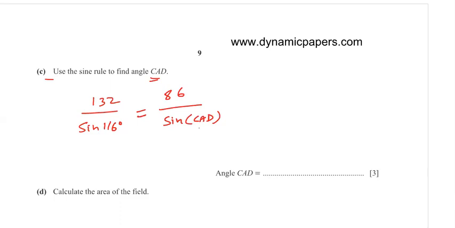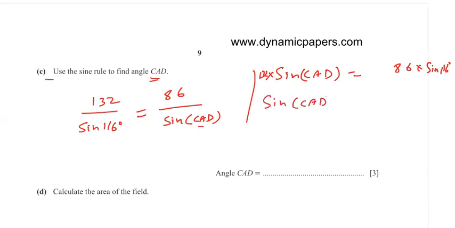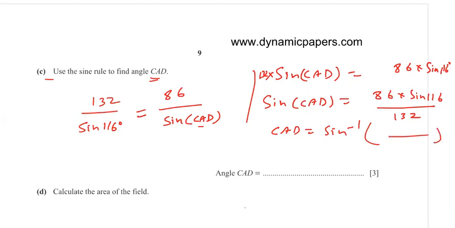Cross multiplying, sine of CAD will be equal to 86 into sine 116 over 132. So CAD will be equal to sine inverse of this whole value.